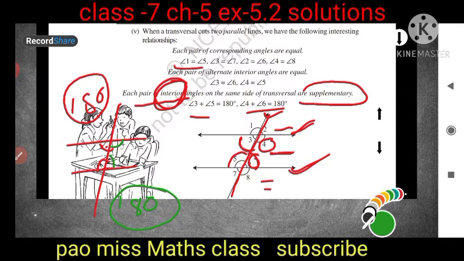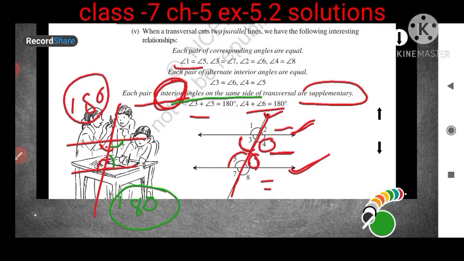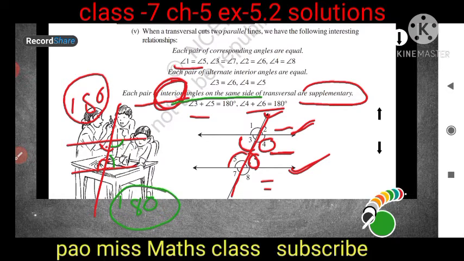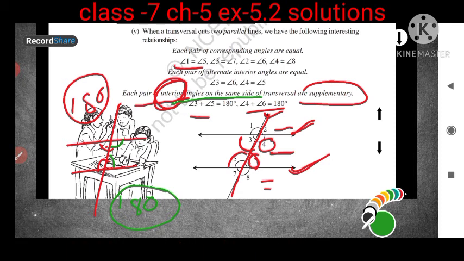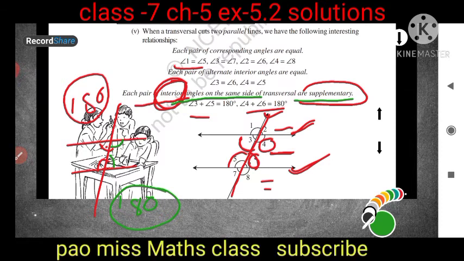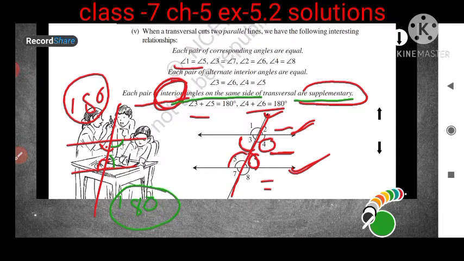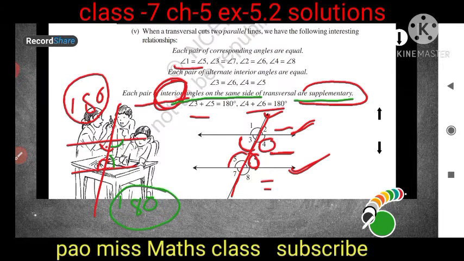They are called interior angles on the same side of the transversal, which are supplementary, or you can say 180 degrees. In the simple way we can say like that.